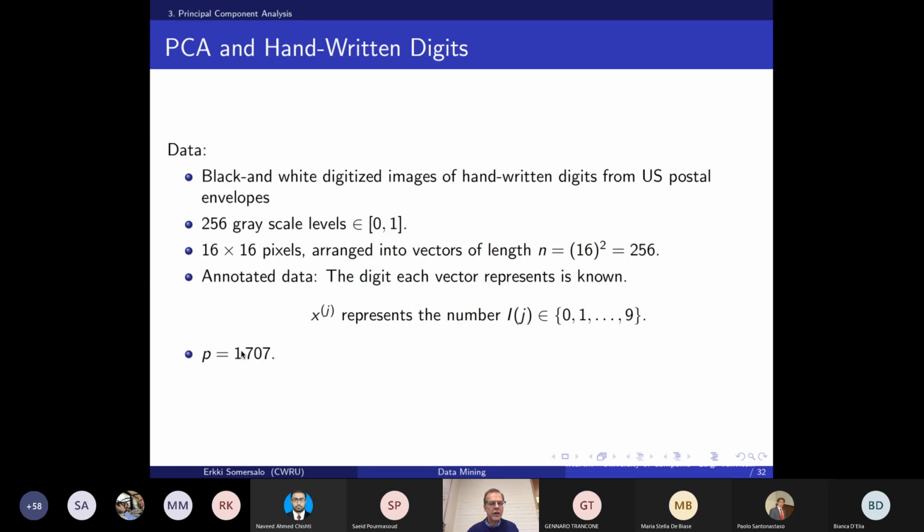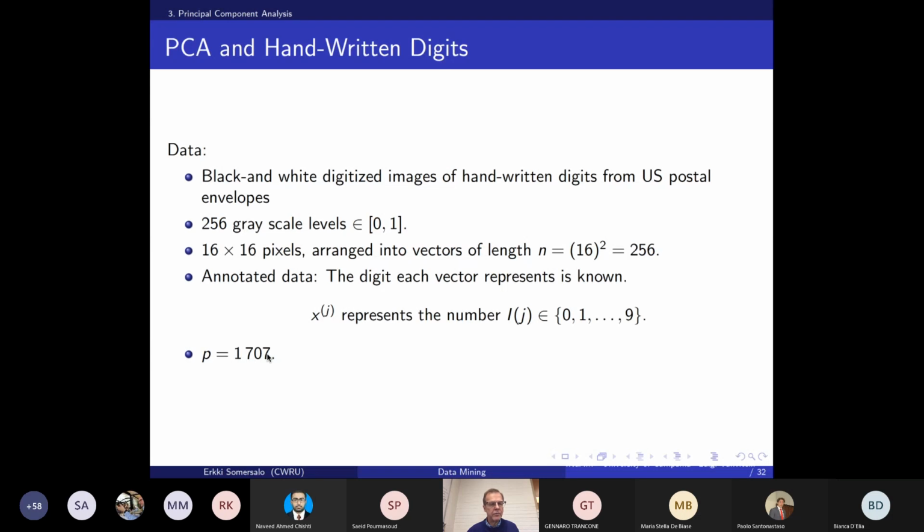There are several data sets of this type on the internet, and you can find references to some of them on the web page of the book. So if you want to play around with this data set, you can go to the web page of the book and download it. In this data set there are 1,707 handwritten digits.